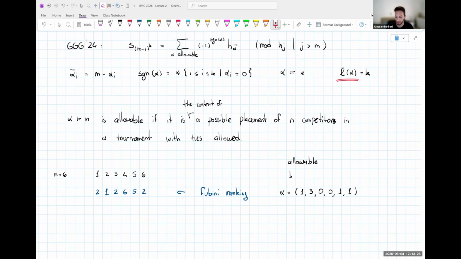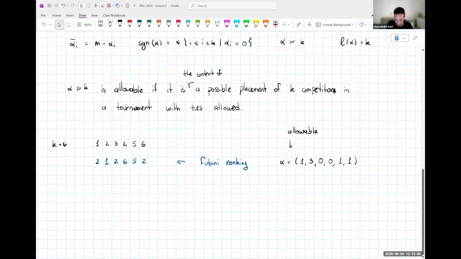And here with the length, we're also counting the 0 inside. I'm saying we have k people competing, and so they can only rank up to k. So I guess it's also easier and more consistent if I just call this k all over the place. Okay. Very well.